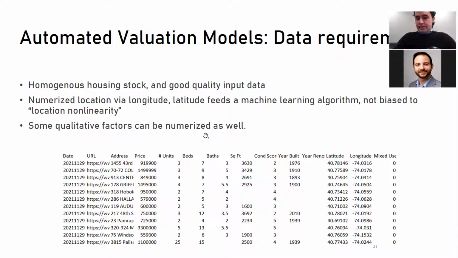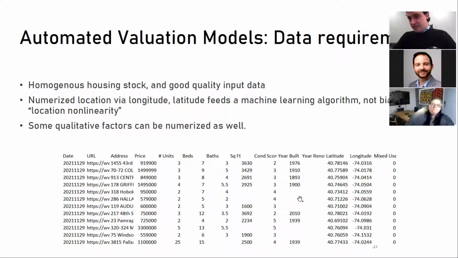And really the key thing in the basic AVM model, in my understanding, is, in real estate people say location, right? So the location is the biggest determinant of price, let's say, speaking at a high level. And so the key here is to numerize the location, with the latitude and longitude, the geolocation coordinates.